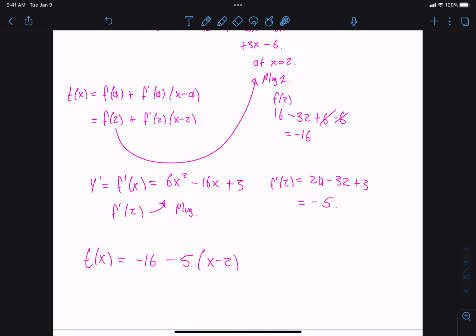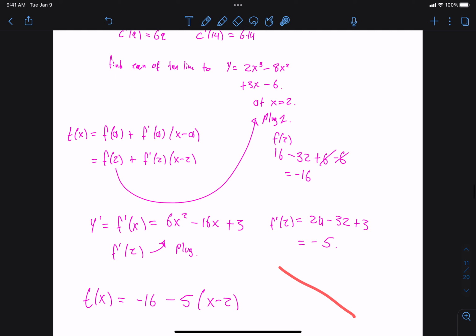Okay, so the reason that we leave the x minus 2 here is because this is a function of x. This is a line. It looks like a downwards going line, which is tangent to this weird curvy polynomial here. So in particular, it's still a function of x. So x is just going to hang out here because we need to still be able to plug into it.